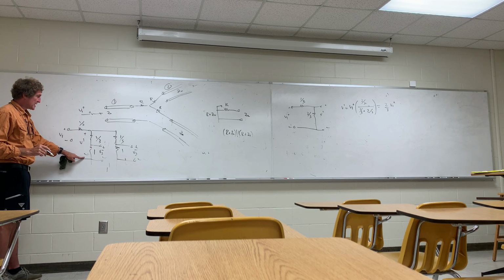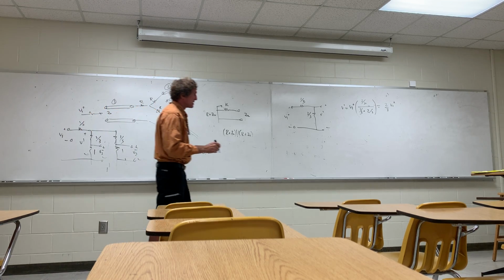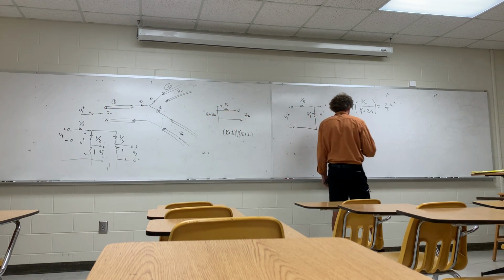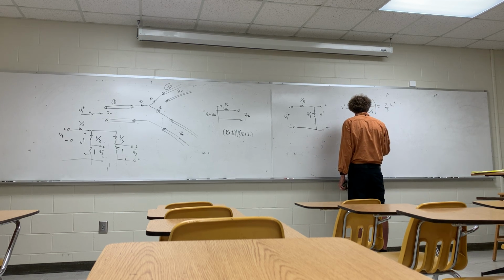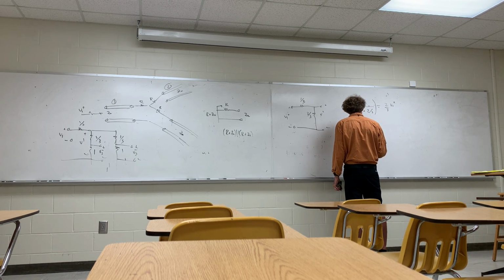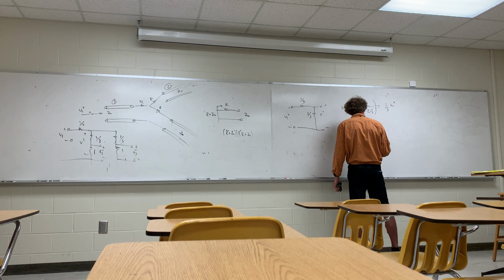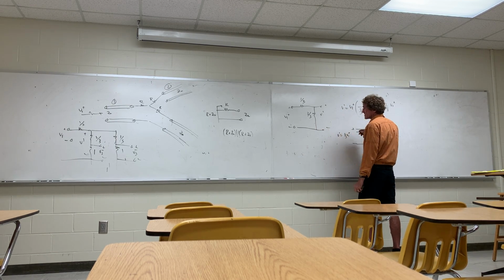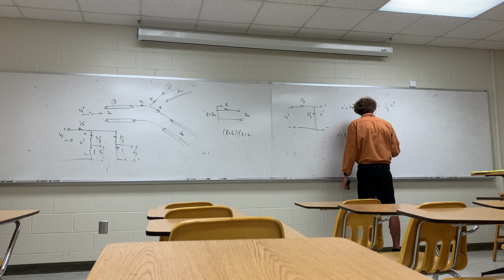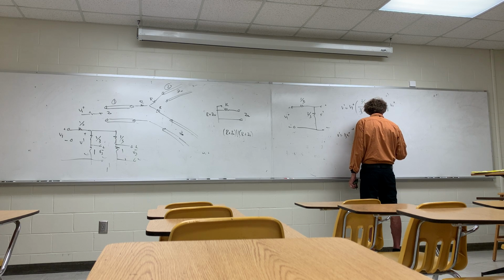Now, when I split that again, here I'm going to say I have plus to minus V prime, which is equal to 2/3 V1 plus. And now I have a resistance here, which is 1/3, and a resistance that is 1, and I want the voltage here.